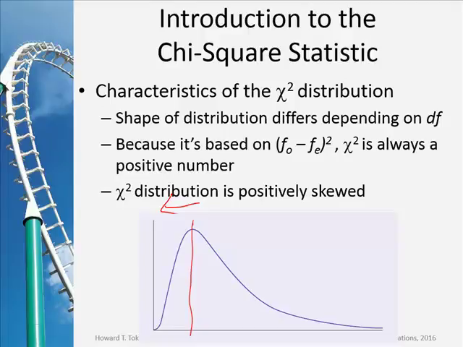Well, there's actually a reason for that. The reason that it looks skewed is because of the square, because it's chi-squared. What happens when you have a negative number and you square it? It becomes positive. So what is our distribution going to start at?